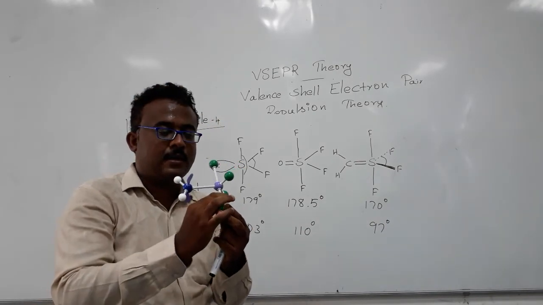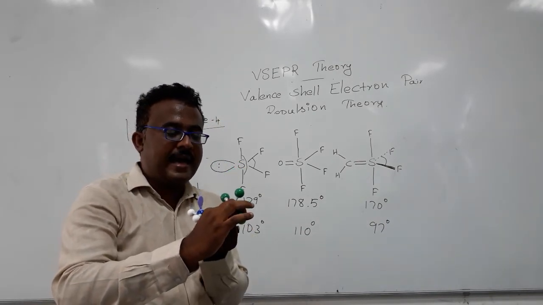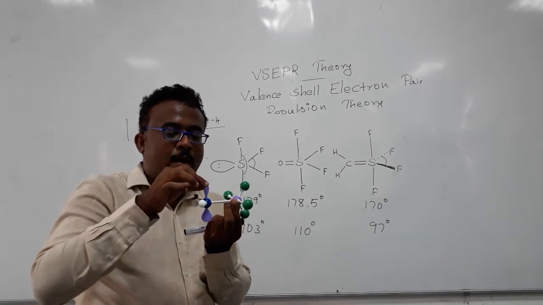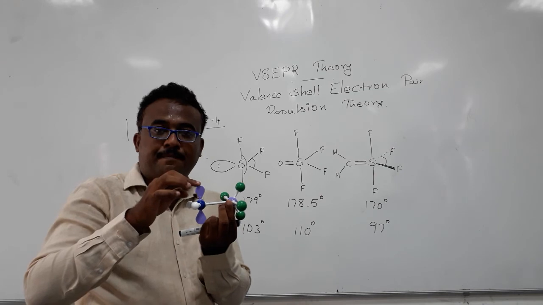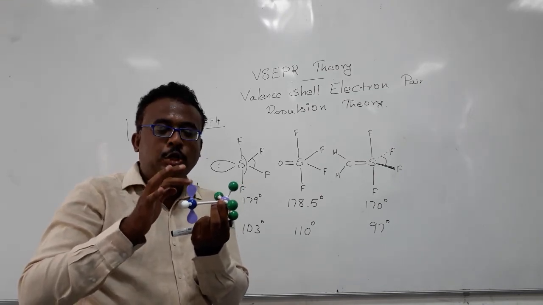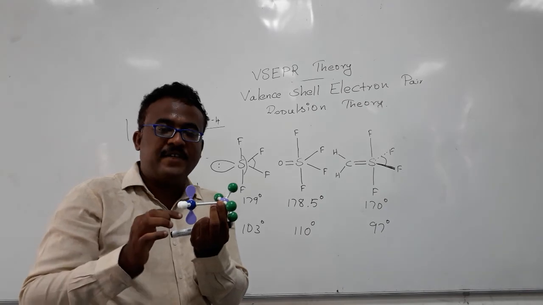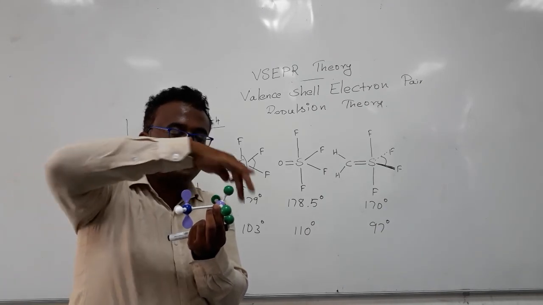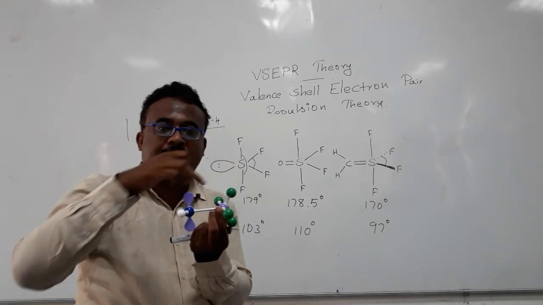But you can see here, when we go in this direction, the pi electrons, I'm sorry, not a lone pair of electrons, the carbon has 2 pi electrons, which are coplanar with the SF2 on the equatorial side.